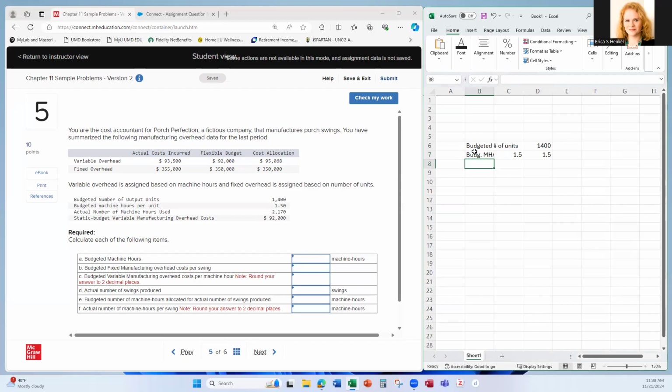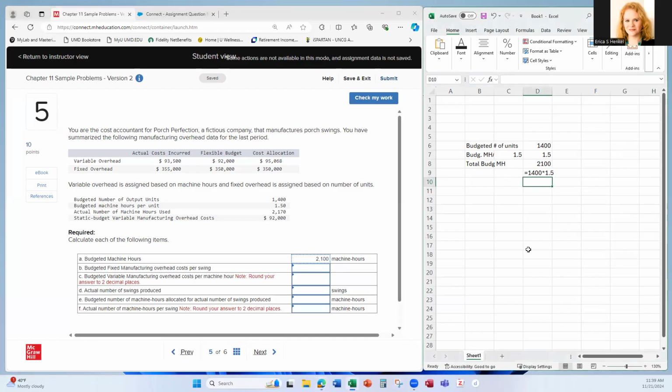So we can say then that our total budgeted machine hours is going to be the budgeted number of units times the budgeted machine hours per unit of 1.5. So that gets us 2,100 budgeted machine hours there. So we can go ahead and enter that down here.